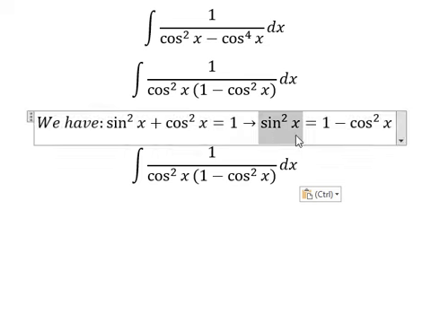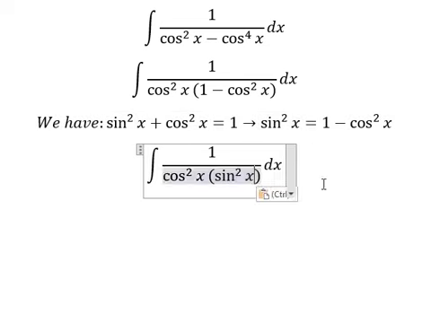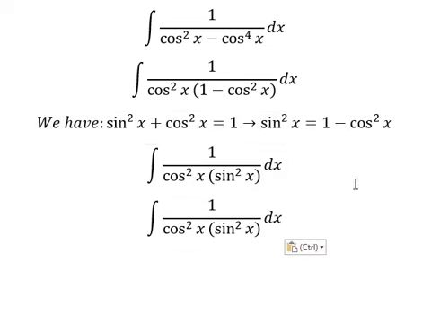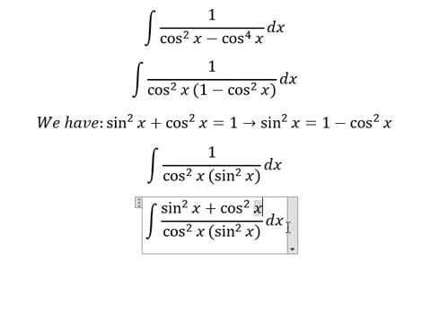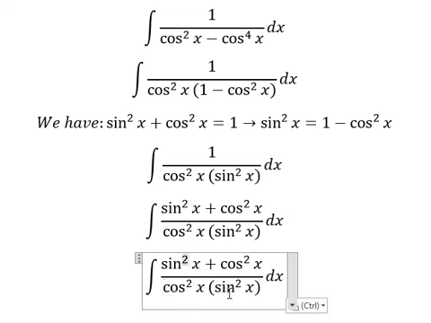So I will put this one in here. Number 1, that is sine squared plus cosine squared. So this one divided by this one, cosine divided by this one.